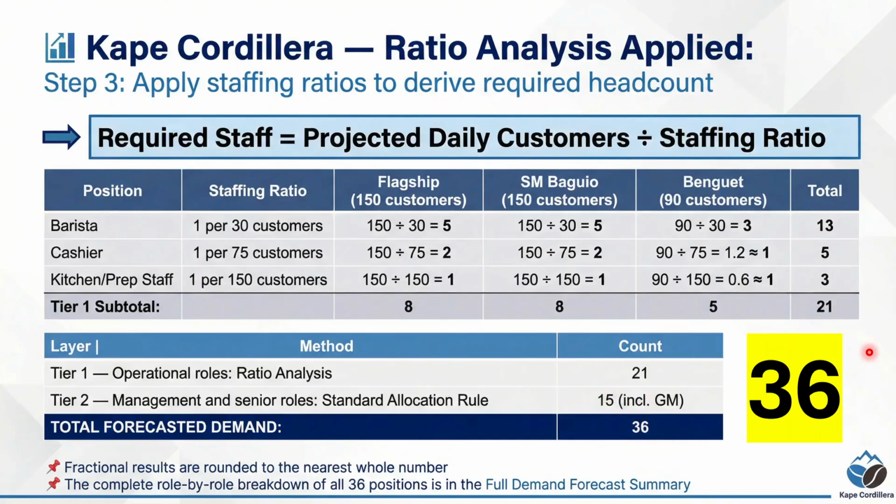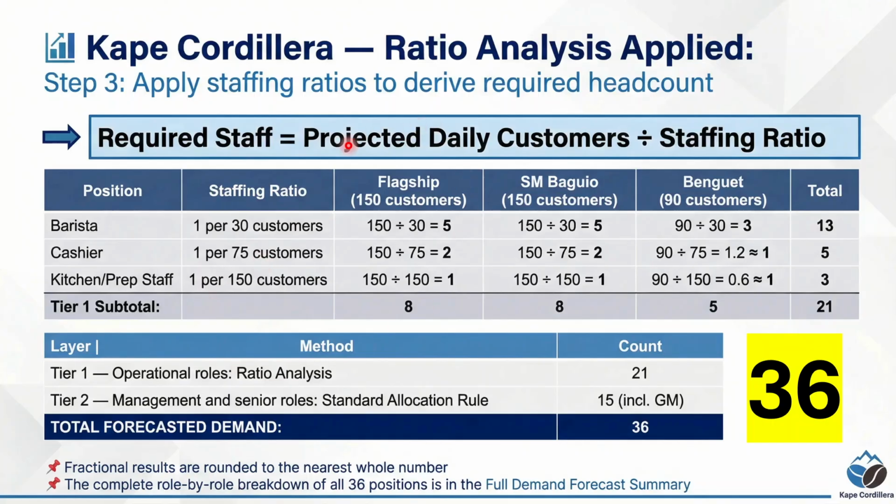So, all in all, ang demand natin is 36 employees kapag nag-open na yung ating tatlong branches. Okay? So, yan yung 3-step process that demonstrates how ratio analysis works in practice.